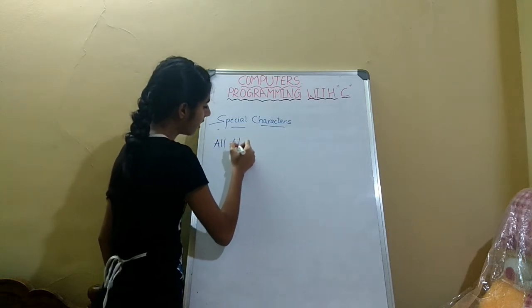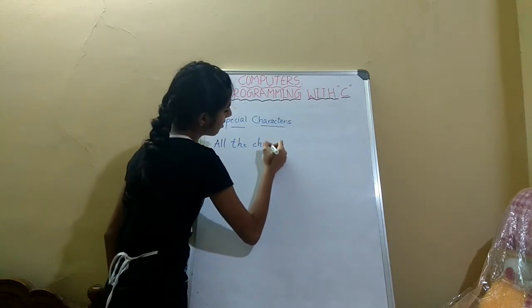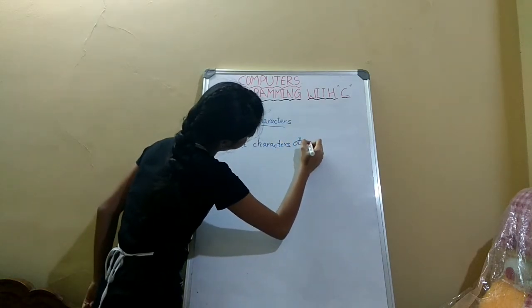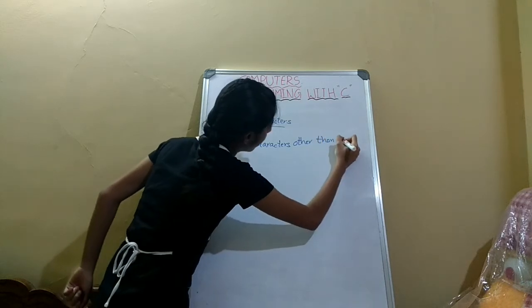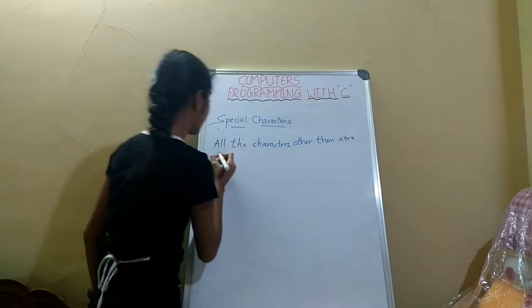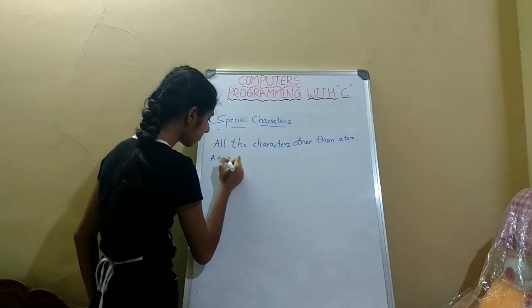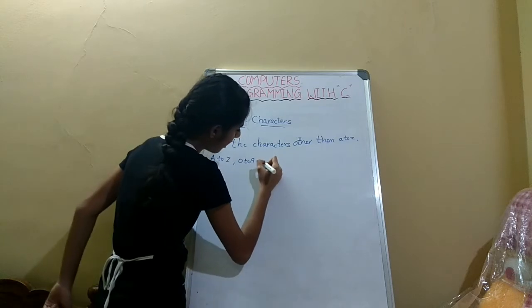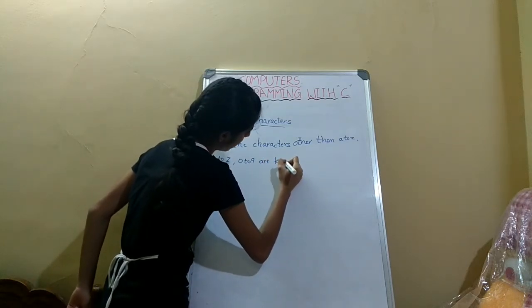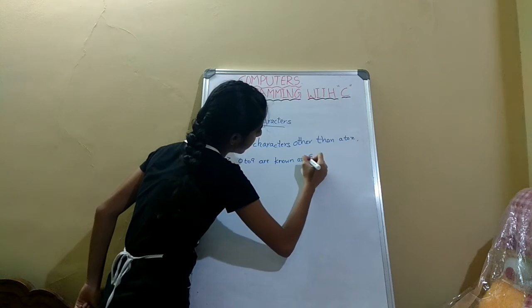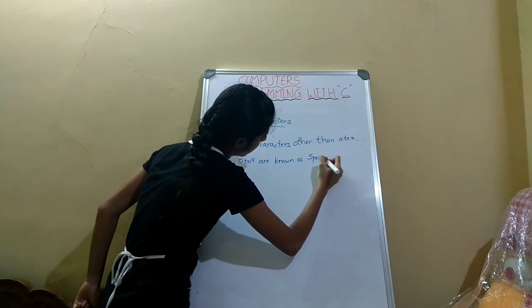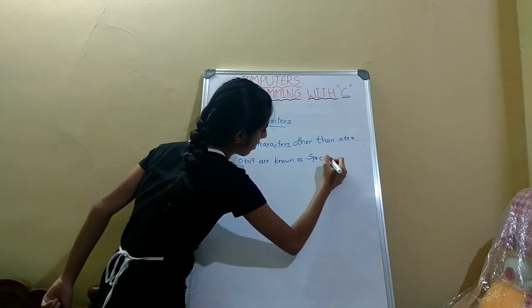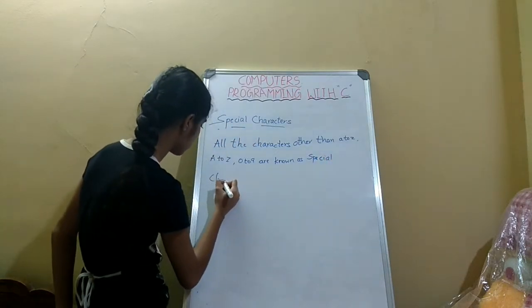All the characters other than A to Z, capital A to Z, 0 to 9 are known as special characters.